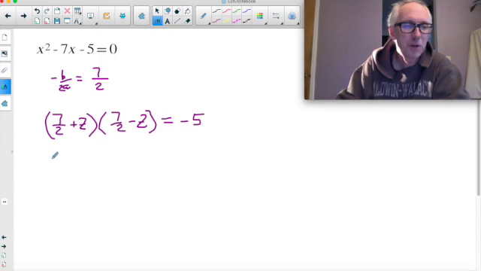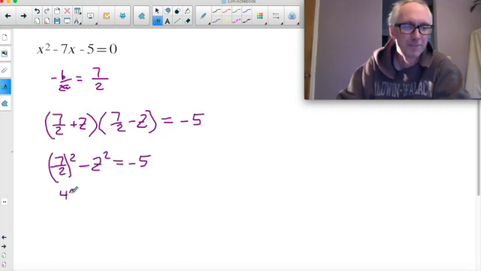Okay, so now we're going to do 7 over 2 squared minus z squared equals negative 5. All right, applying the rule of difference of two squares. So that'll be 49 over 4 minus z squared equals negative 5.